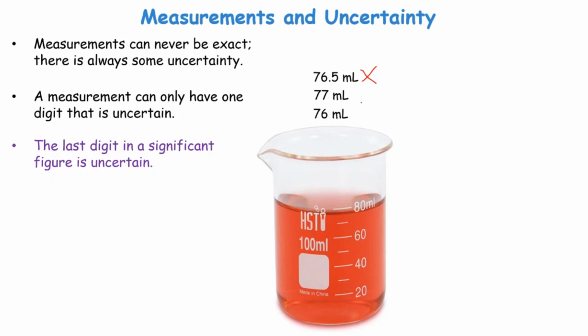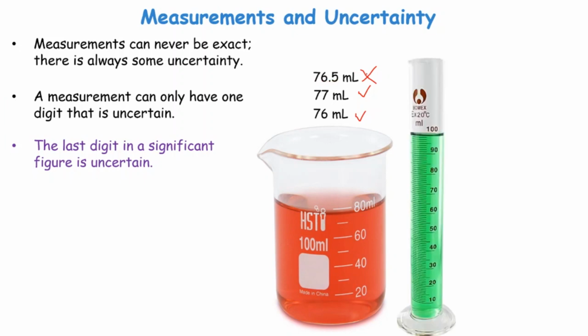Further down, it doesn't make sense to record more digits. So in this case, either 76 milliliters or 77 milliliters, or someone may even estimate 71 milliliters, but based on the definition, that's still correct. But if you have a total of 3 digits, that's wrong.